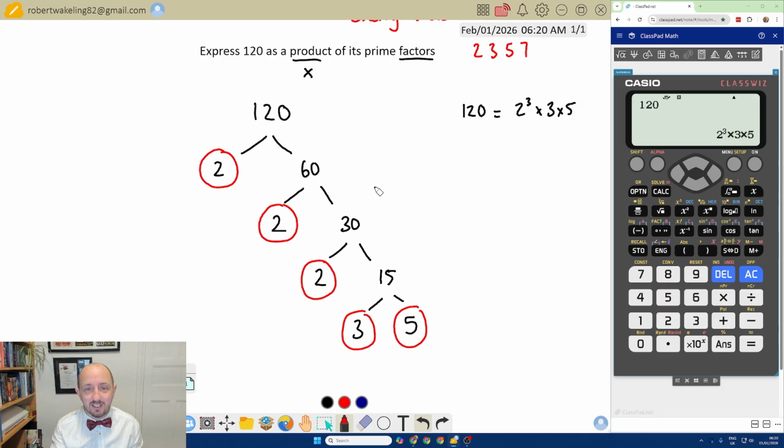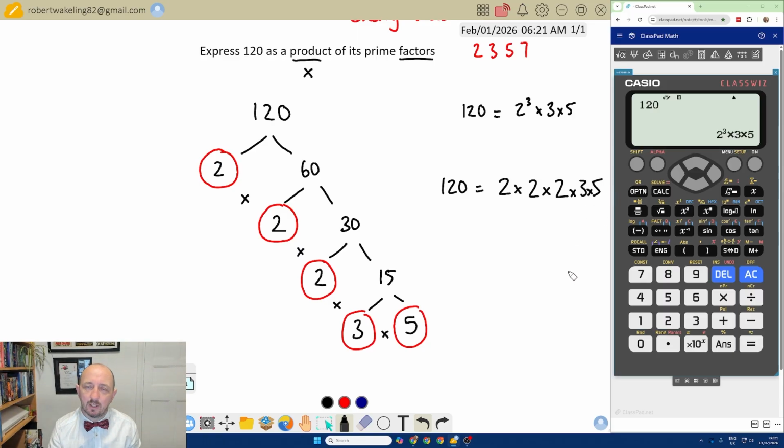Students will often do this and go, yeah, I'm done now, but you haven't actually answered the question yet, because we have to express 120 as a product. Multiply all your cherries together, so you've multiplied all the prime factors. So 2, another 2, another 2, a 3 and a 5.